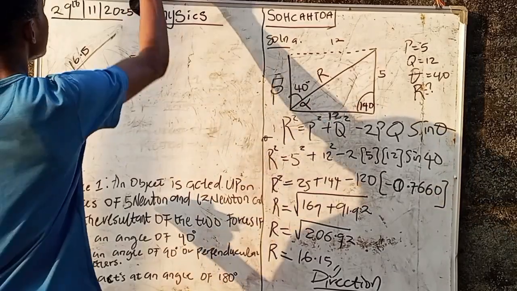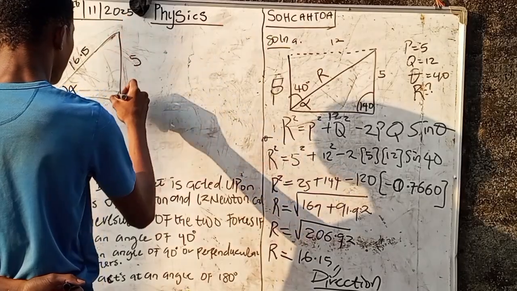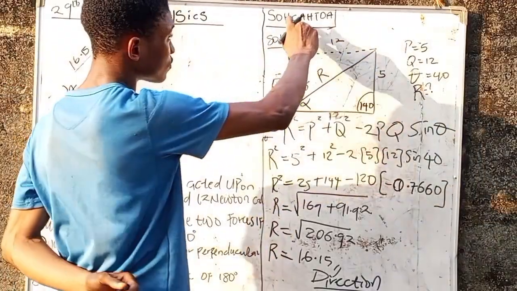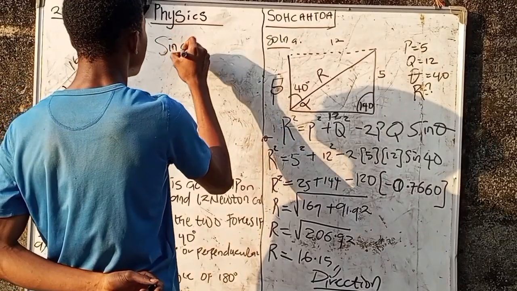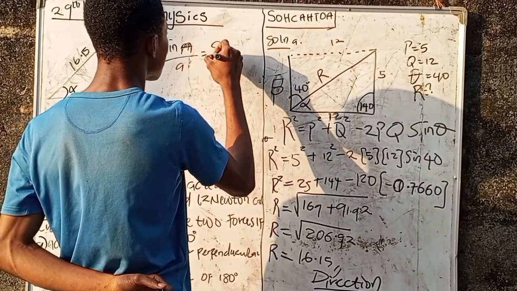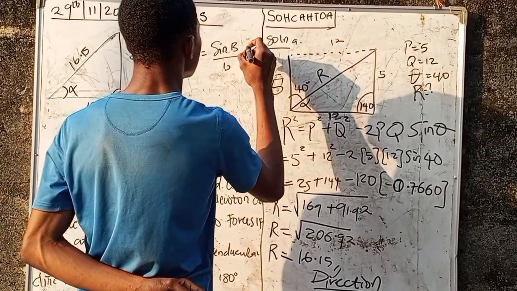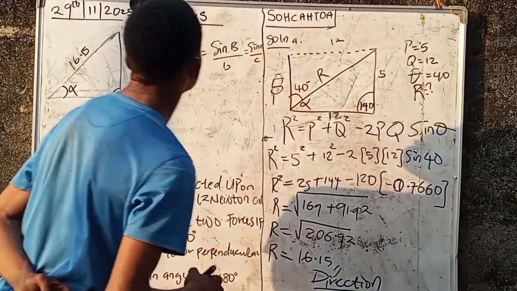Now we use the trigonometrical ratio formula to solve, which is SOHCAHTOA. We have sine A all over a equals sine B all over b equals sine C all over c.